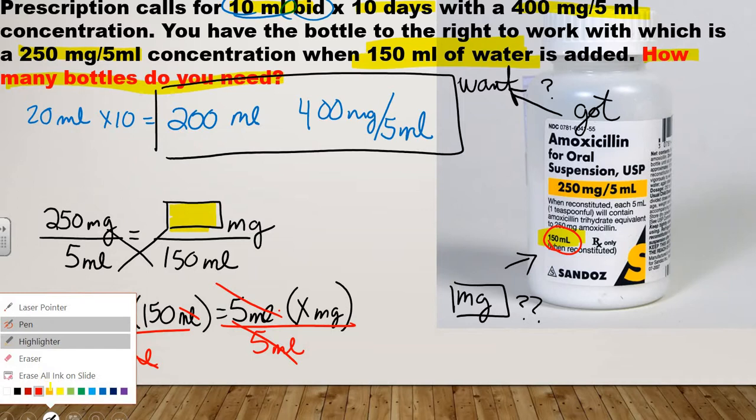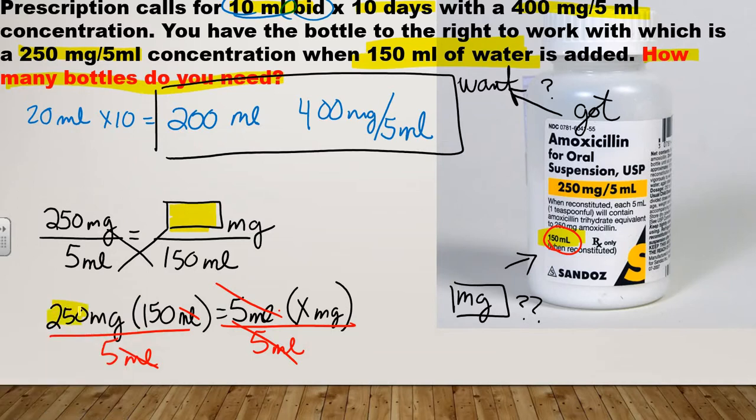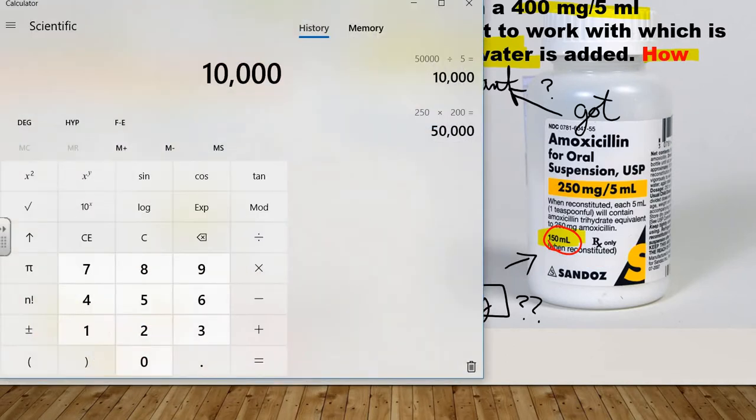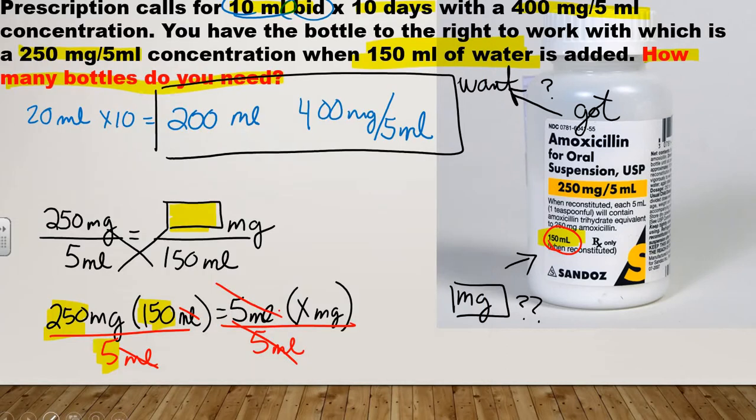So what you're basically looking at here is 250 times 150 and then divide by 5. Okay, so in this bottle, we just figured out there's 7,500 milligrams of medication.